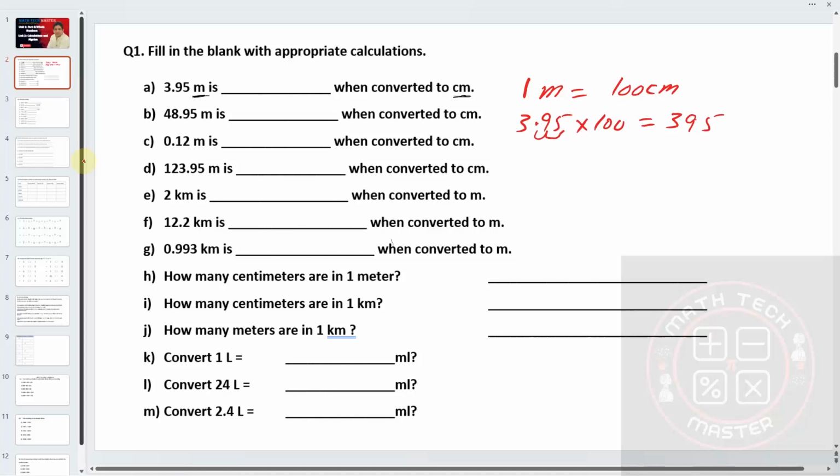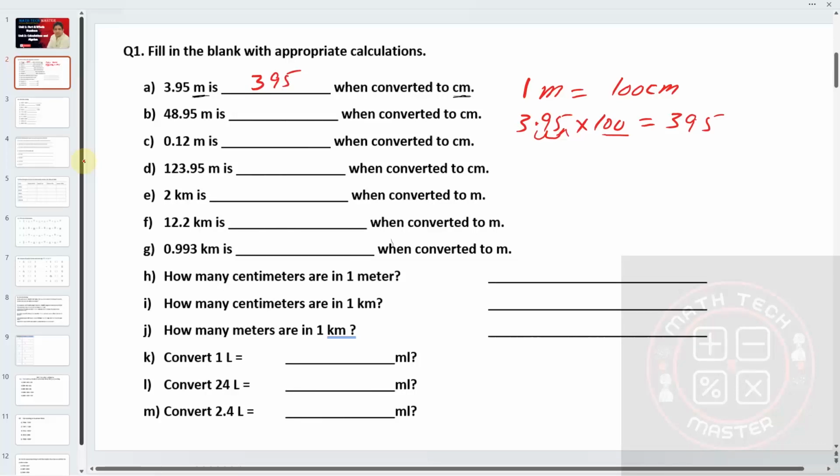So we will move our decimal point according to the number of zeros we are multiplying the value with. In this case 100 has two zeros, so we will make two jumps to the right, and our decimal will go from 3.95 to 395. So our answer is 395.